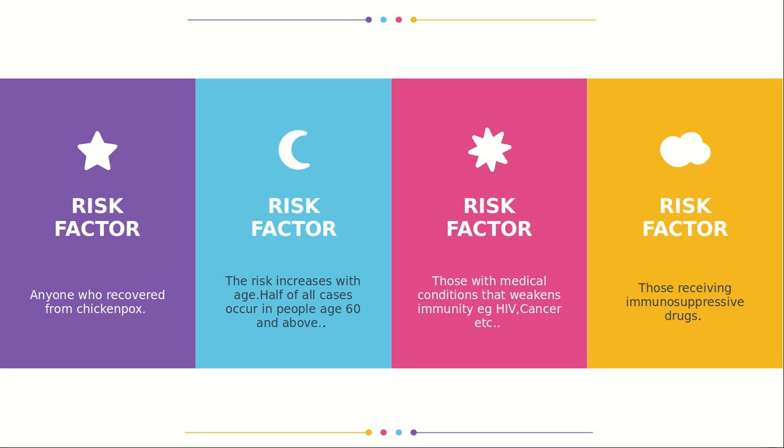And the reason is that older people have weaker immunity. Those with medical conditions that weaken the immunity, like HIV or cancer, are also at risk. Those receiving immunosuppressive drugs are also at risk.